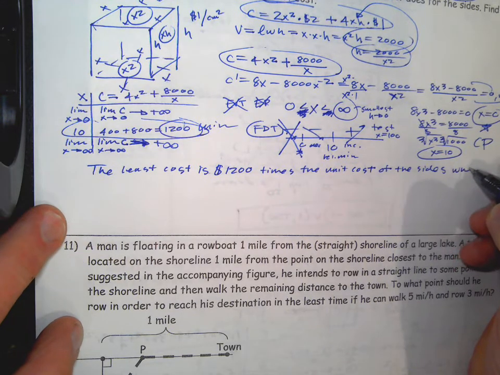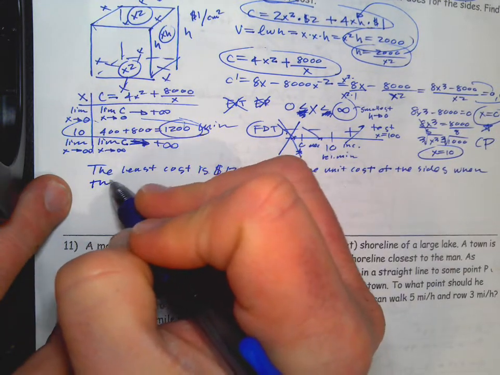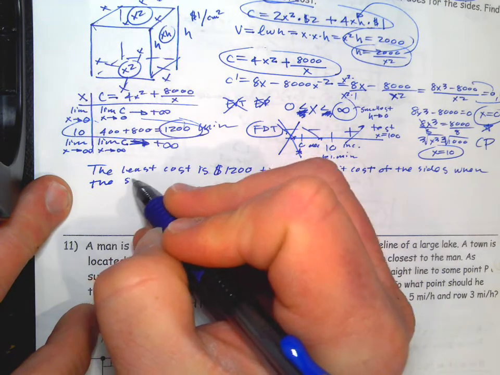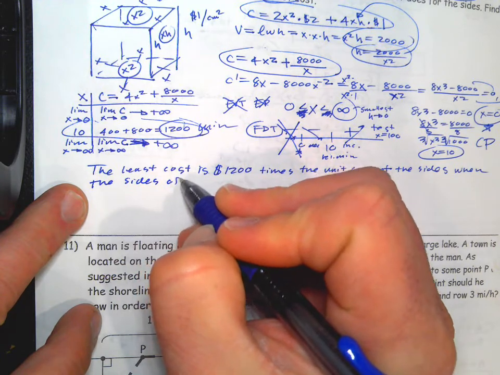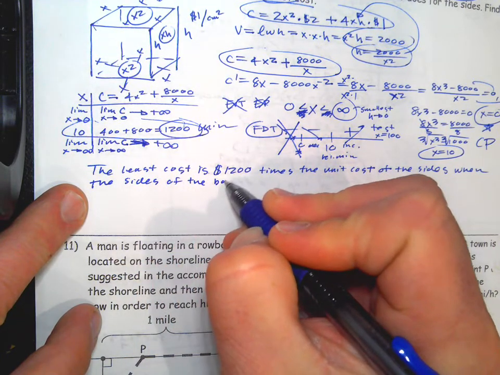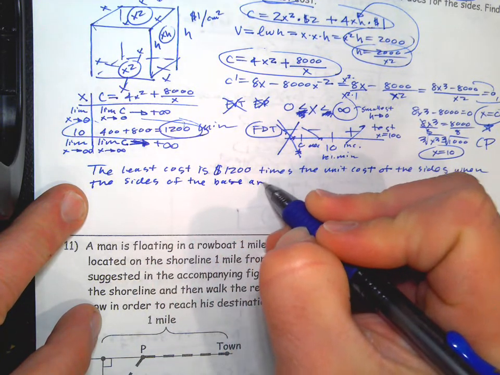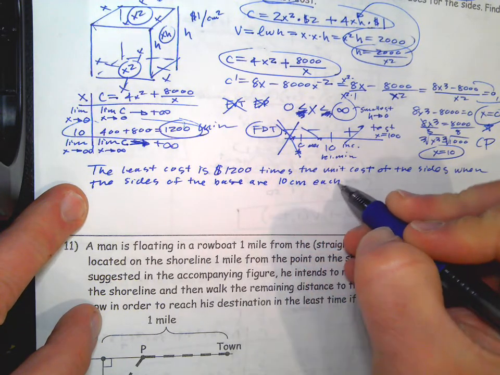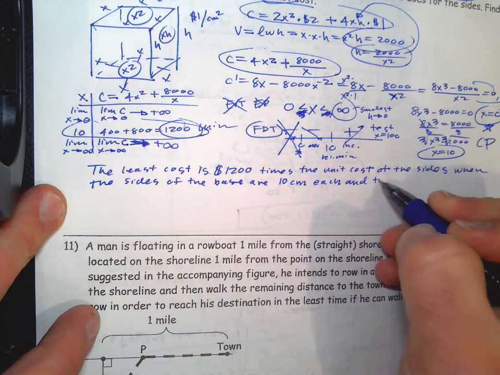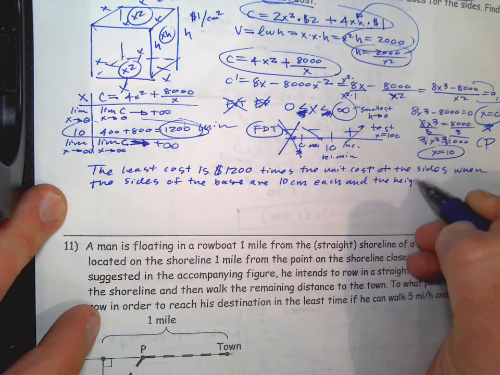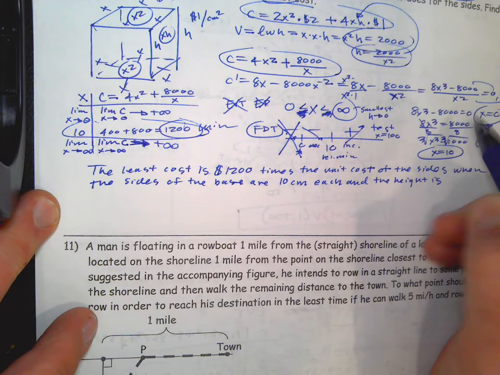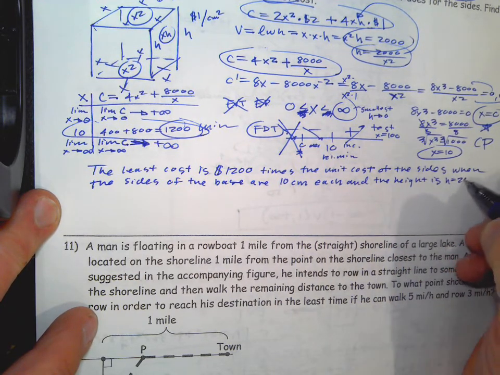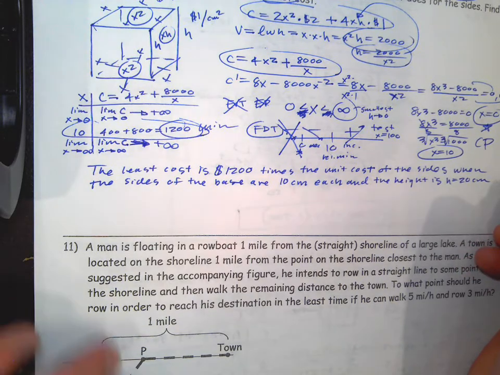Now I made up these variables, so I should write it in terms of the problem: when the sides of the base are 10 centimeters each, and the height, now the height 2,000 divided by 100 is 20, H equals 20 centimeters. So that's the answer.